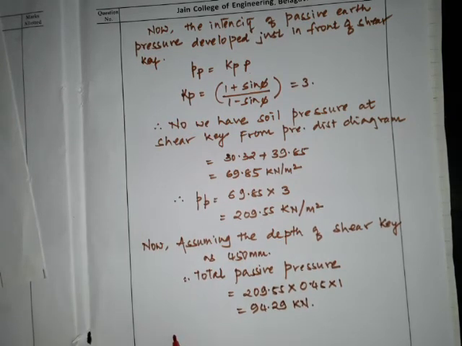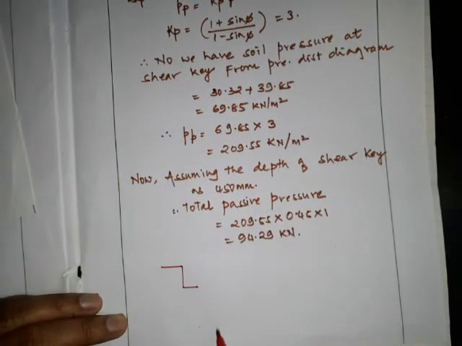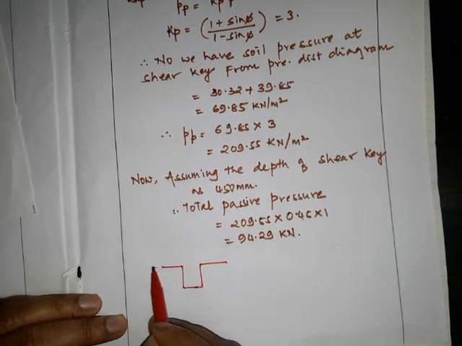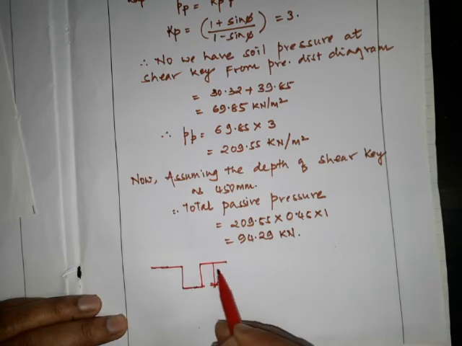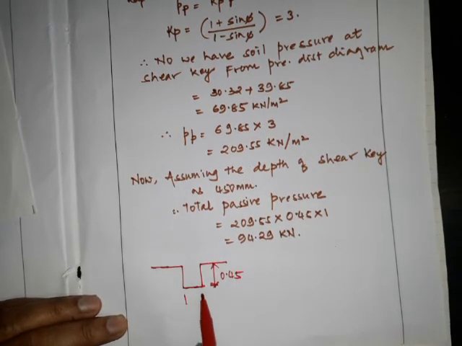So what will happen here? We are providing the shear key like this. Understood? The size of the shear key is here, the depth is 0.45 and this will again be 0.45.